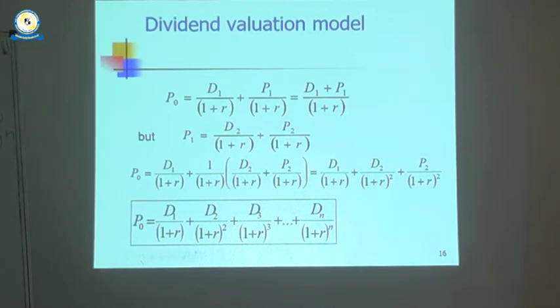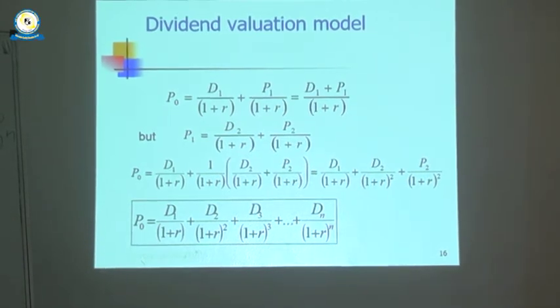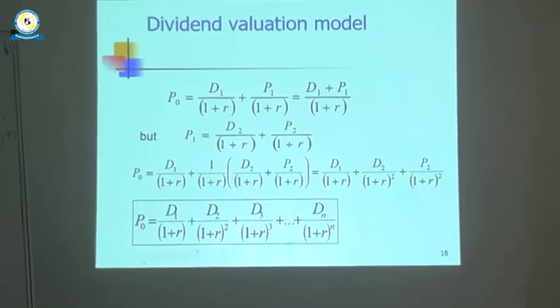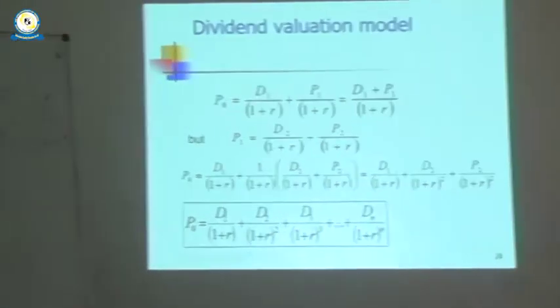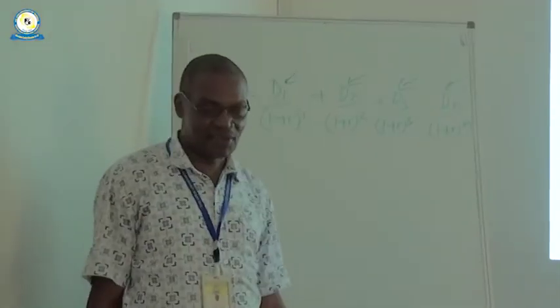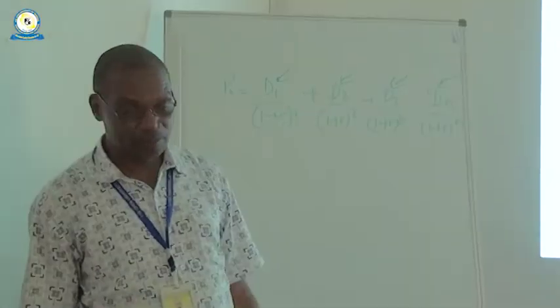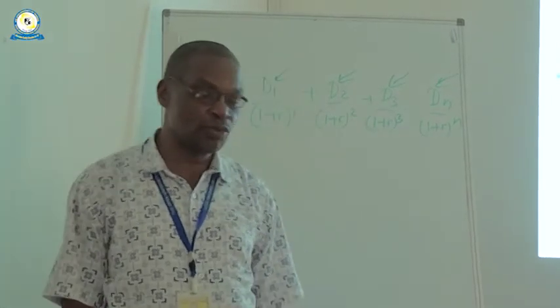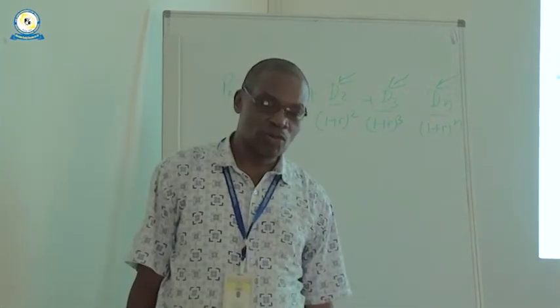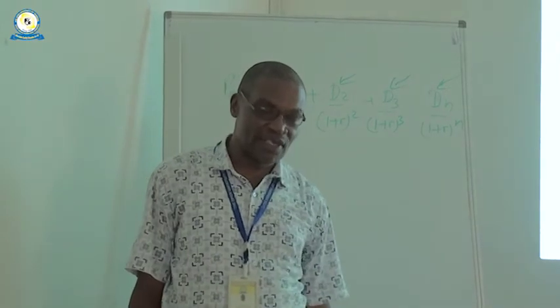This is the general formula for valuation of the share, whereby D1 is the dividend for the first year, then the dividend for the second year, the third year, up to the nth year, all of them discounted at the required rate of return. So that is the first formula which we are supposed to use in calculation of the model.